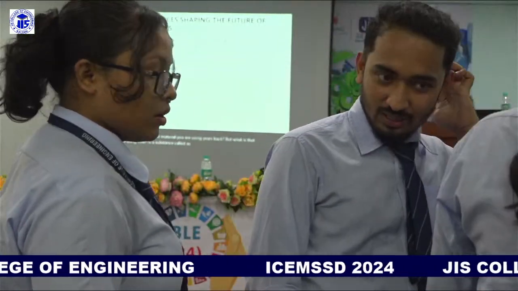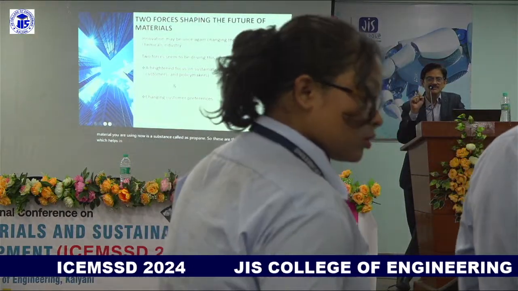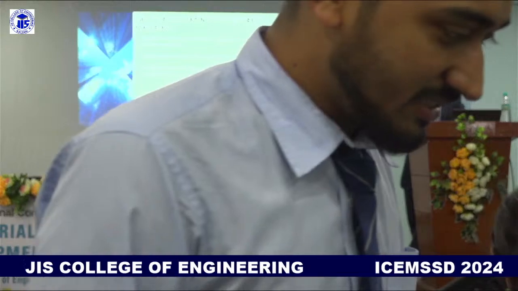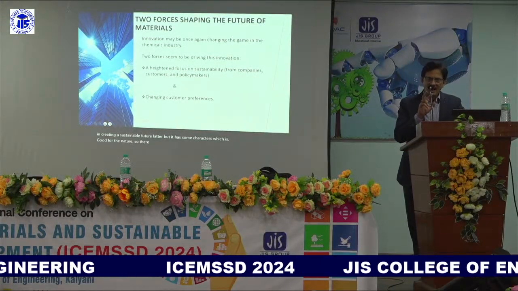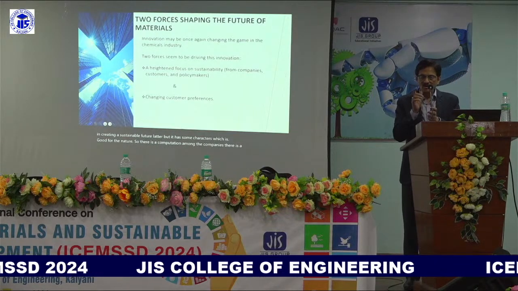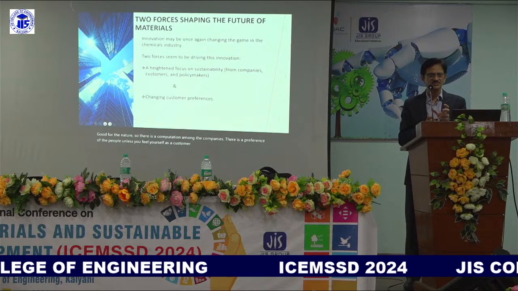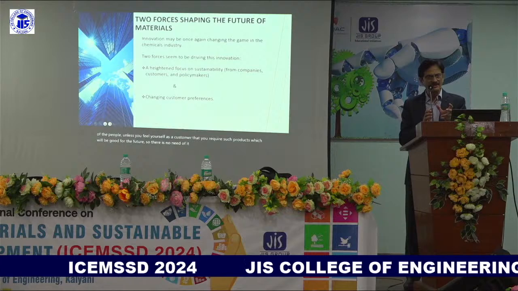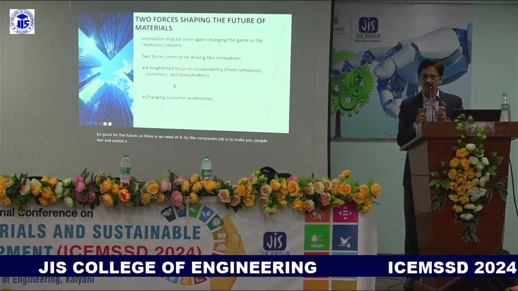So these are the innovations which help in creating a sustainable future, and it has some characteristics which are good for nature. So there is competition among the companies, and there is a preference of the people. Unless you feel as a customer that you require such products which will be good for the future, there is no need for it. So the company's job is to make you feel and realize that a sustainable product is good in all senses.